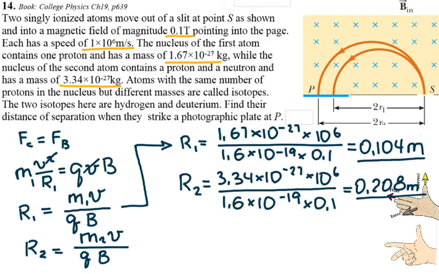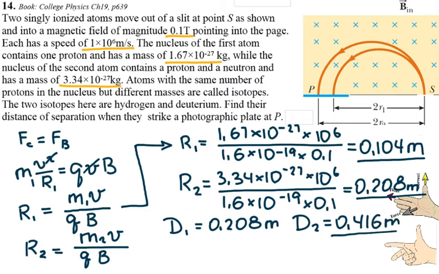And the diameter for the first one is 0.208 meters, and the diameter of the second one is 0.416 meters. So the distance that they will land between them, the distance that they ask you, how far they will land away from each other, is 0.208 meters.